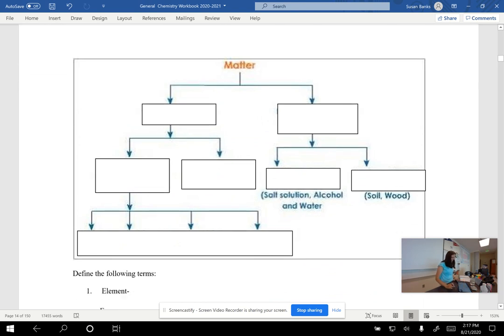Matter. There are two main groups of matter right here.